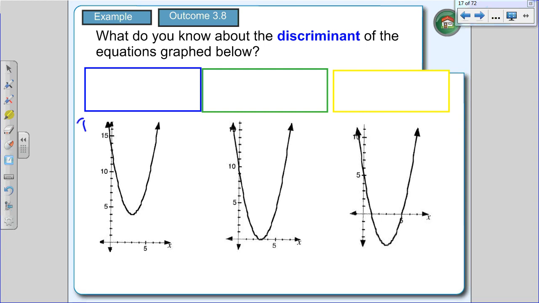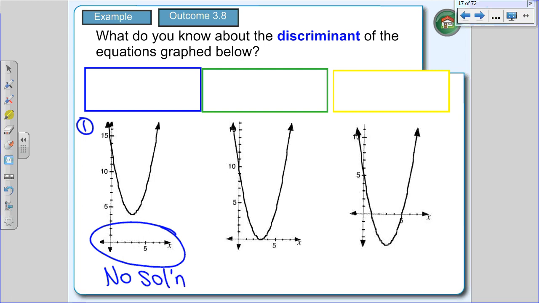How many solutions are there to that question? Why 0? You're right. There's no x-intercepts. The graph never crossed it. So by looking at a graph now and seeing that there's no x-intercepts, you know that there's no solution. That also tells you something else.